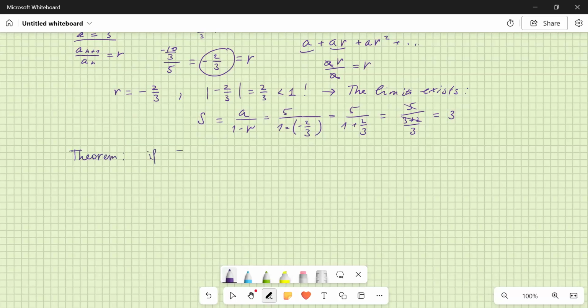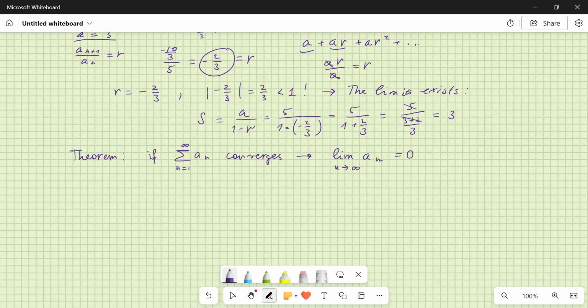If the series converges, some series, then the limit of term a_n as n approaches infinity will go to 0.